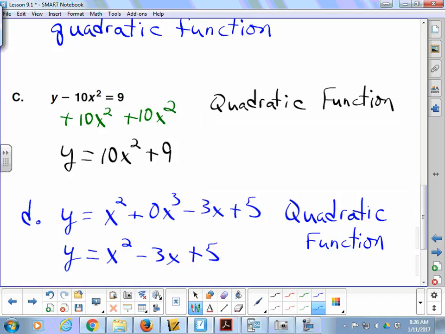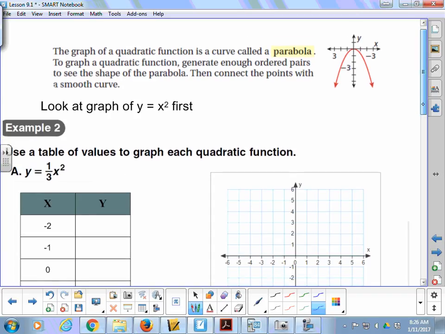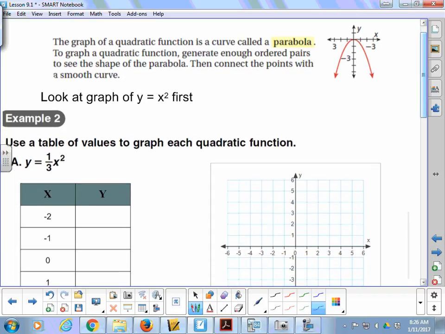All right, let's do some graphing of them. Take out that sheet of graph paper you've got. The first thing we're going to do is look at the graph of y equals x squared.